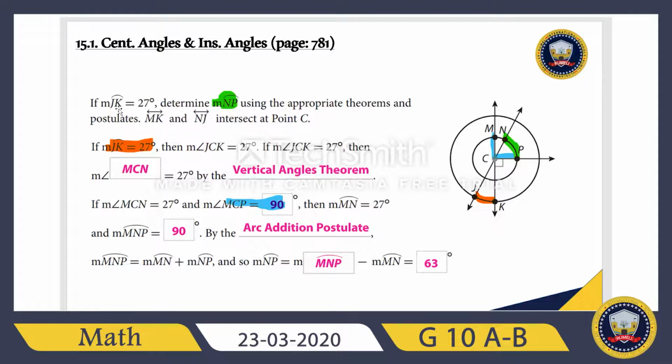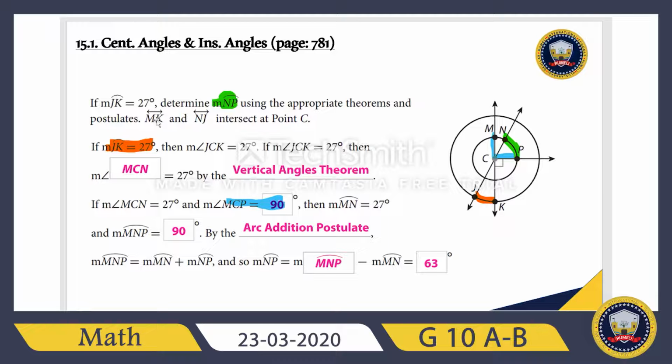Okay, let's take an example. If the measure of the arc GK is 27 degrees, GK is this arc here. Determine the measure of the arc NP, this arc here, using the appropriate theorems and postulates.